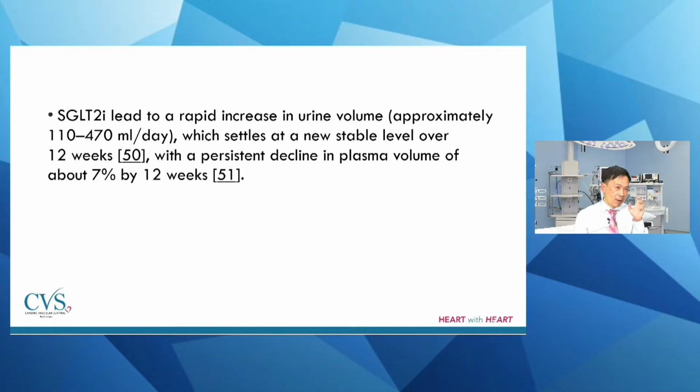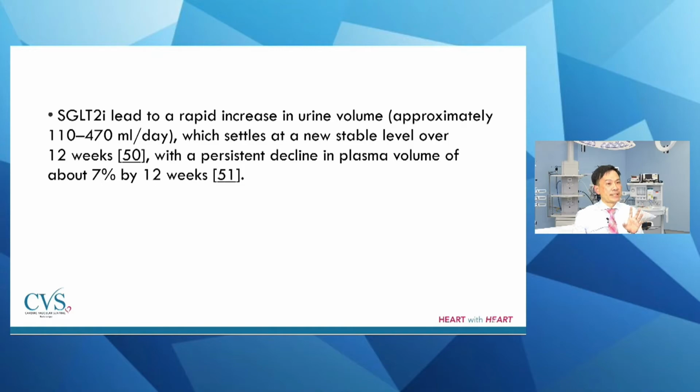What does it mediate? The SGLT2 will lead to a rapid increase in urine volume, about 110 to 470 mils per day. So when you start somebody on SGLT2, I always tell them, just be careful, you'll pass a lot more urine initially, and then it will stabilize.